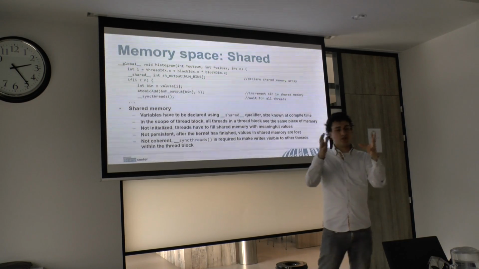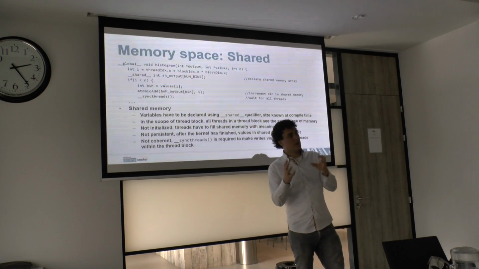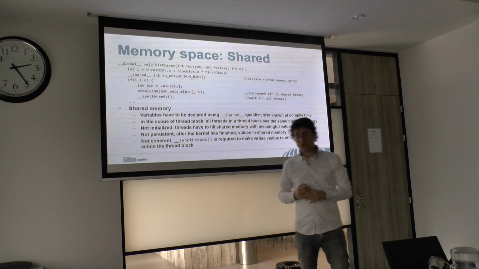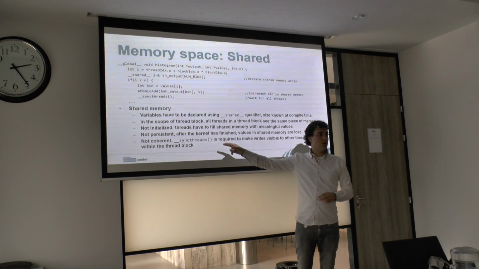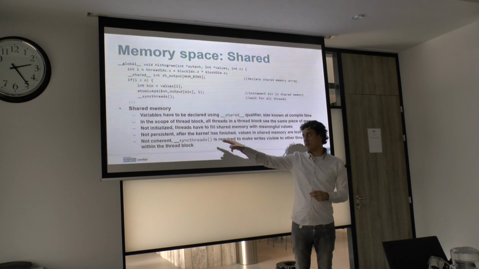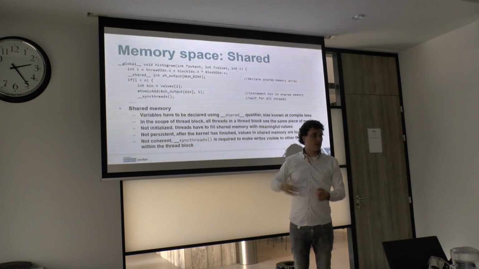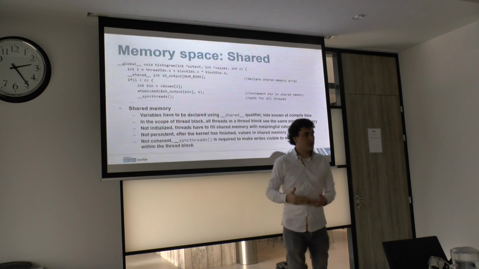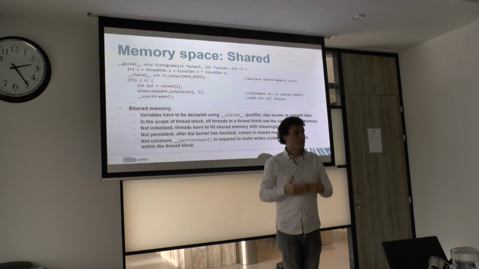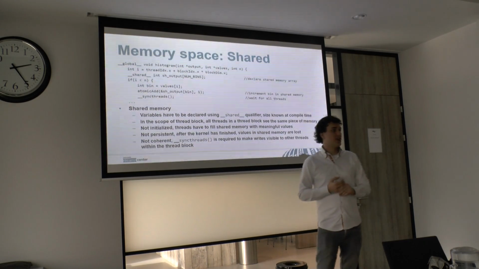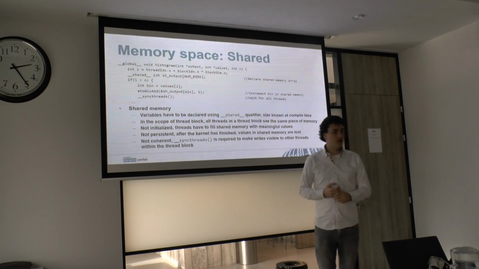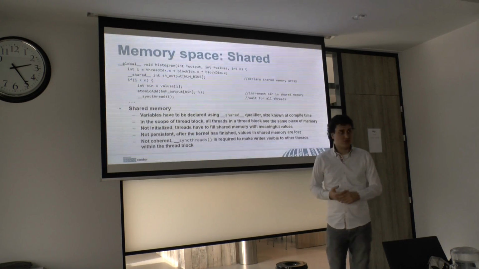All the threads within the thread block at some point come to this point where they see sync threads as an instruction, and they will wait in that part of the code until all the threads in the thread block have reached this point. So in that sense it's a barrier, right? Everyone is waiting until all the threads have called sync threads, and only then all the threads will execute again in parallel.